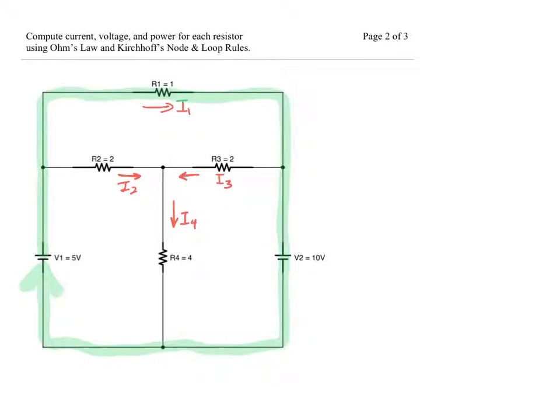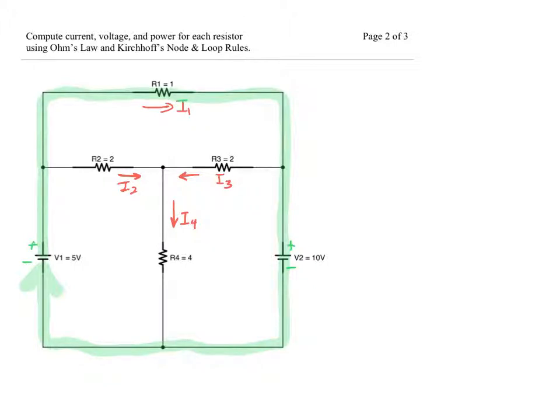notice that I have two known voltages and one unknown current. That's going for the throat. That's the easy kill. So let's do that, and I'll go in the direction that I indicated with that arrow. Okay, so we have plus minus, plus minus.